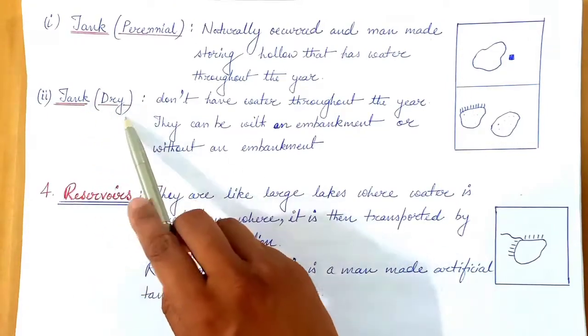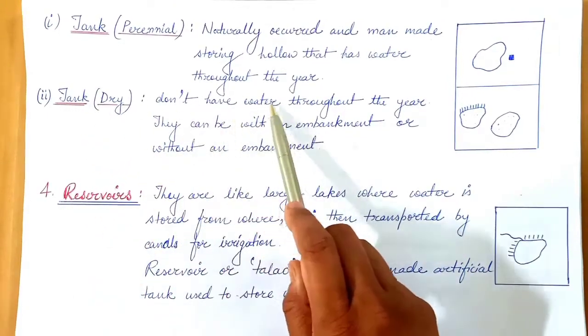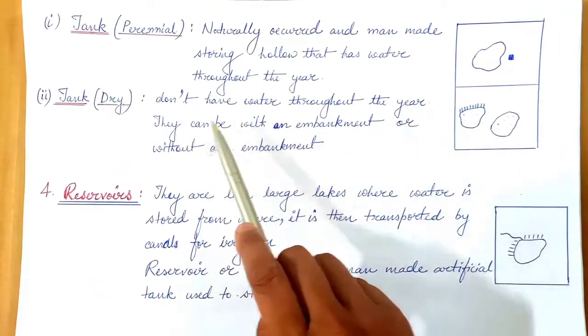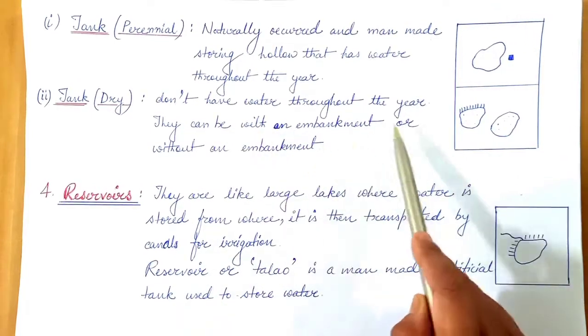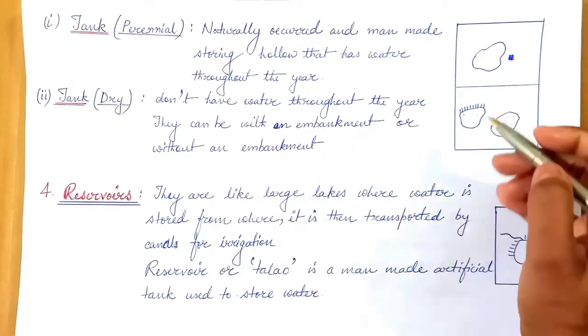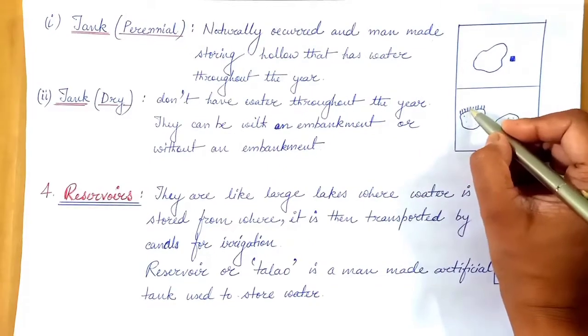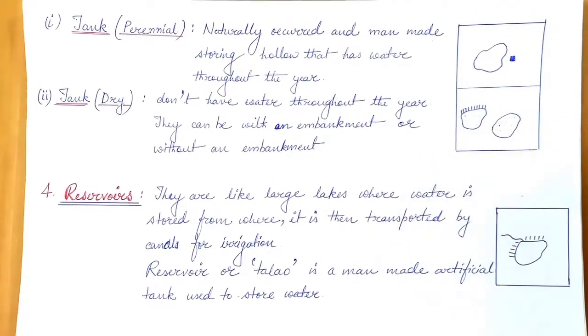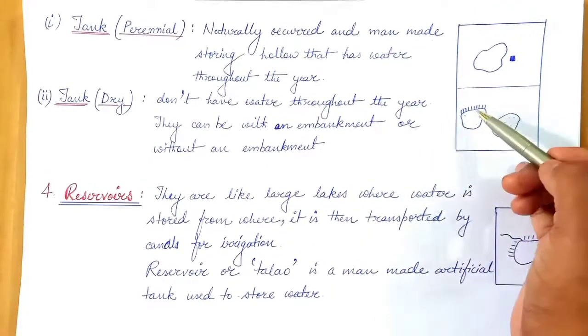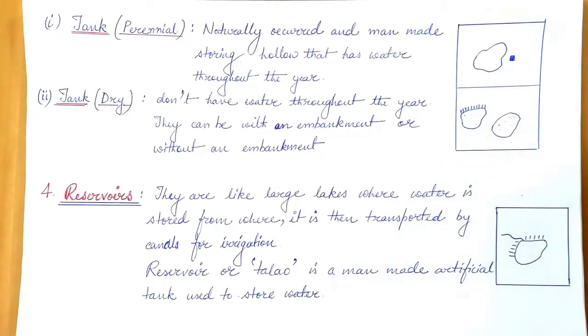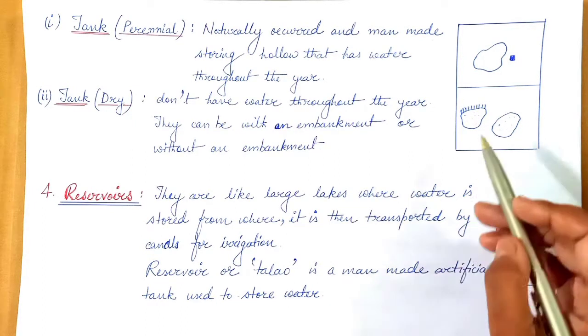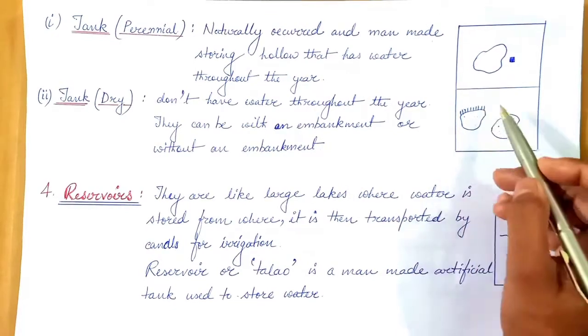Now the tanks which are dry do not have water throughout the year. They can be with an embankment or without an embankment. An embankment is a raised platform to prevent the overflow of water. Suppose in a rainy season this tank is filled with water, but due to excessive water it's common that the water overflows, so an embankment is constructed.